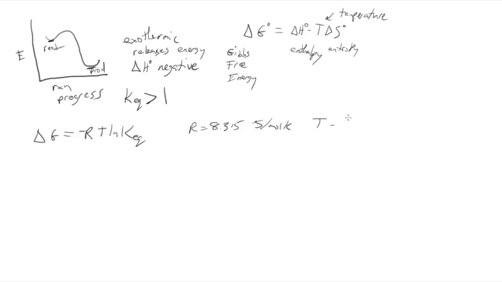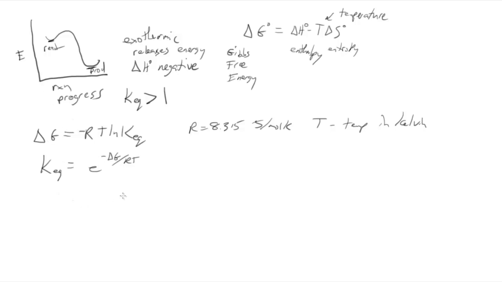T is the temperature in Kelvin. And there's a natural log relationship between the two. We can also write the equation for K. So KEQ then equals e to the minus delta G over RT. So given either the equilibrium constant or the Gibbs free energy for a reaction, we can calculate the other one.